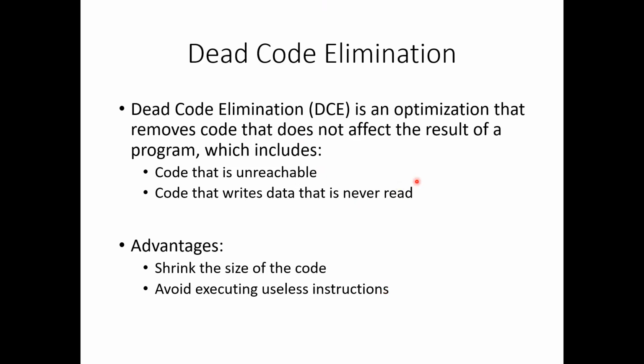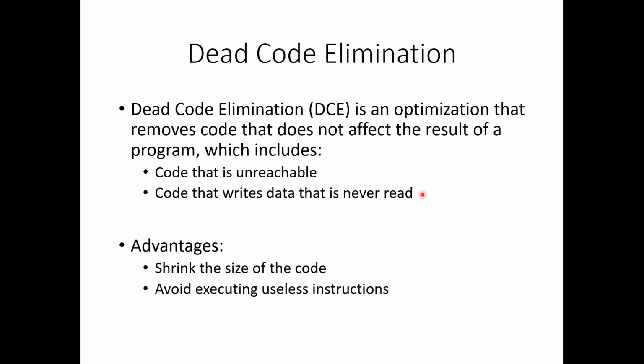How do I know if a code writes data that is never read? Correct. If I have SSA form, how can I find out? Right. If I have a definition and the definition has no uses, that means that in the SSA graph, the data flow graph, that definition is dead.